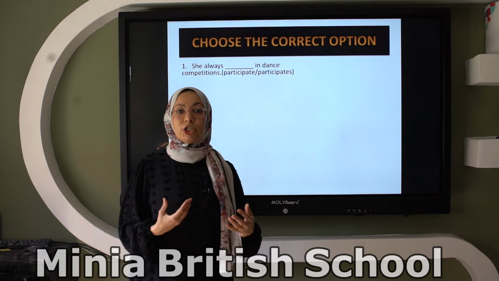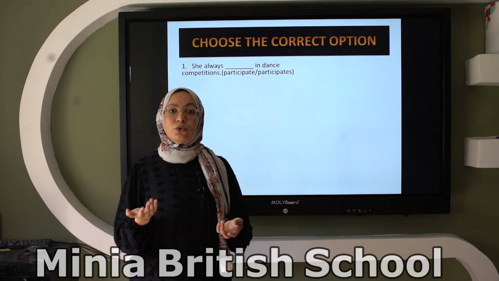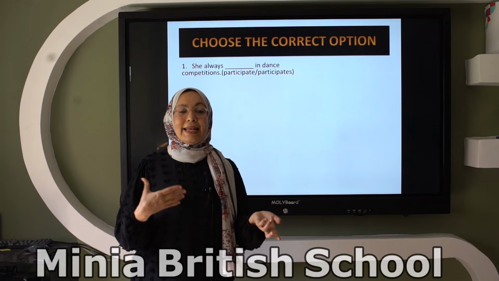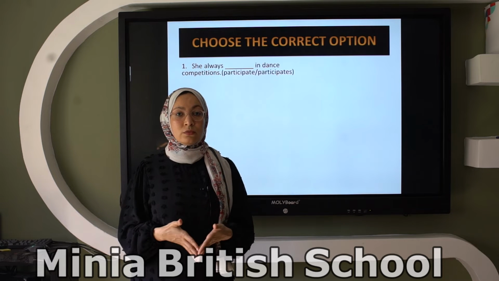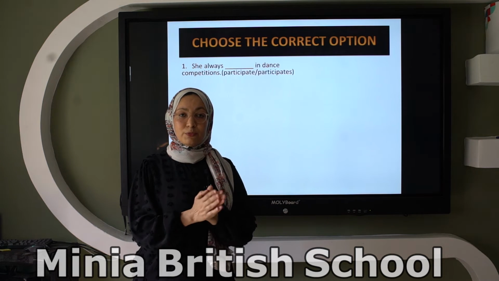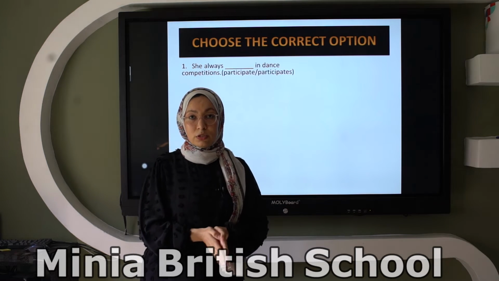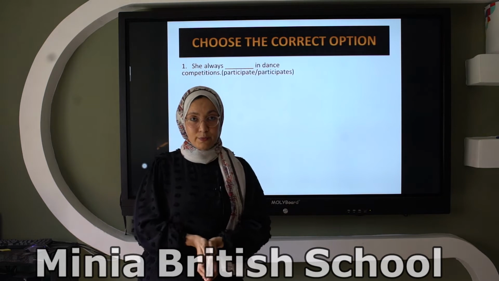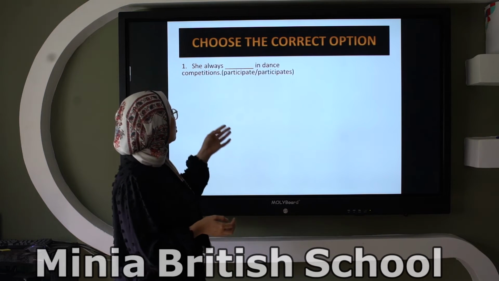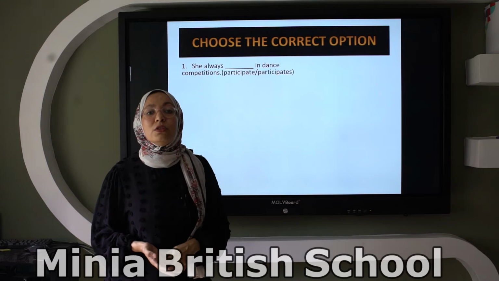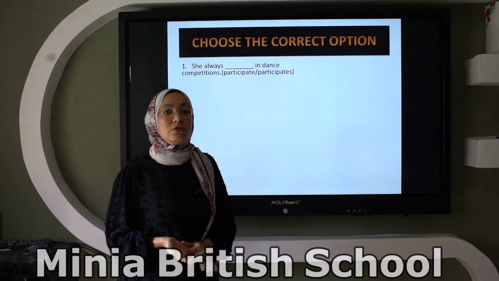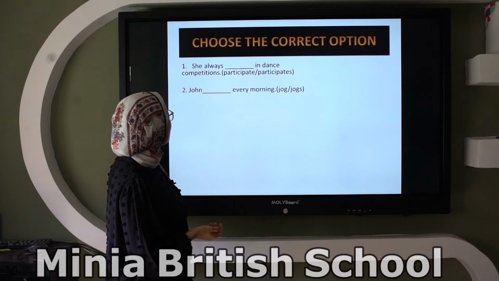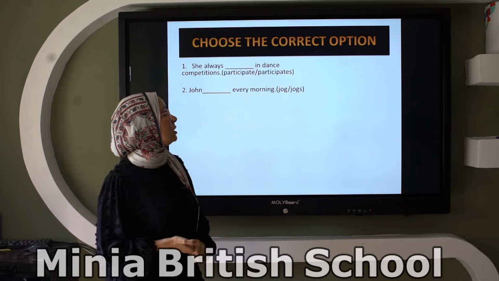Does it refer to he, she, it, or I, you, we, or Sarah, Medhat, Layla, and Ahmed, and so on? Is the subject of the sentence singular or plural? Because according to this, you are going to choose the verb in the present simple tense, of course. So here, "she" refers to the third person pronoun, so your answer is going to be participates.